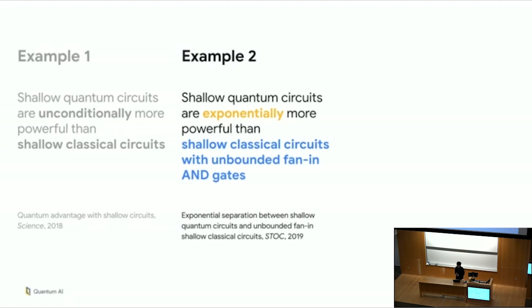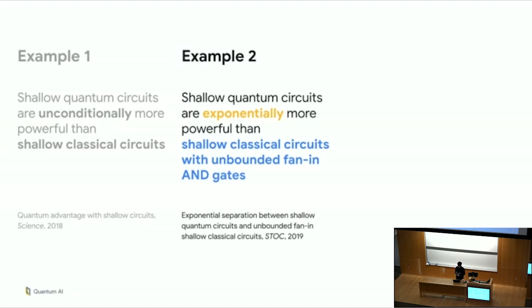So there, instead of having these Boolean gates that act on a constant number of bits, they consider the addition of unbounded fan-in AND gates. Those are just AND gates that can take an arbitrary number of inputs and take an AND over all of them. So these shallow classical circuits with these additional gates are much more powerful than shallow classical circuits.